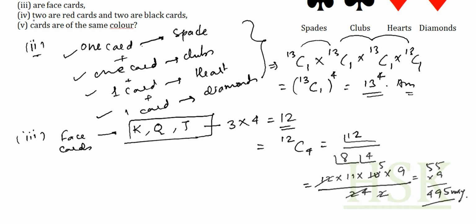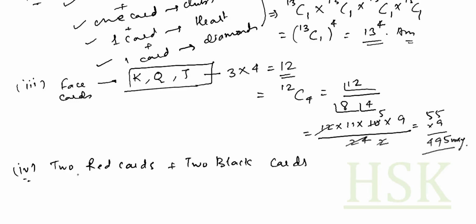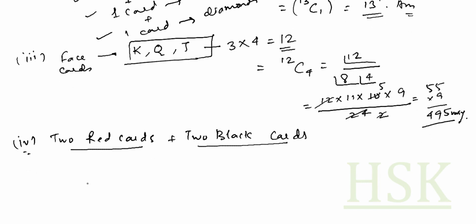In the 4th part, we have to select 2 red cards and 2 black cards. This will be equal to 26C2 multiplied by 26C2. Why?